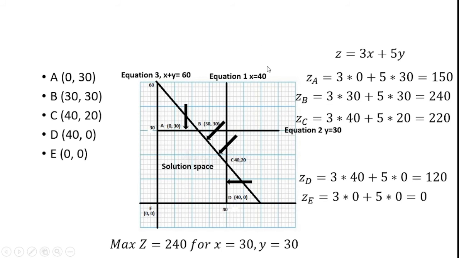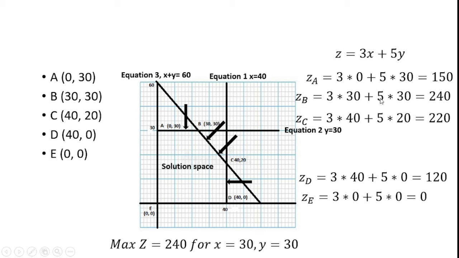So I substitute the first value, the A value, into that objective function equation. If I substitute 3 into x as 0 and 5 into y as 30, I get 150. Similarly, I will find another value, which is ZB.